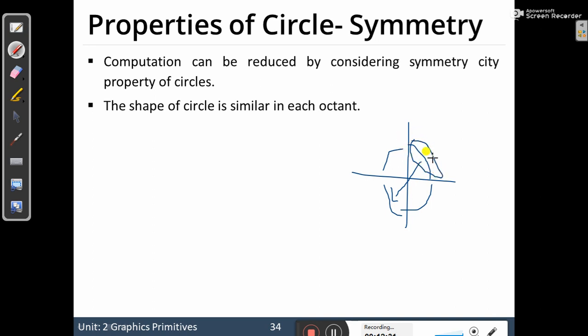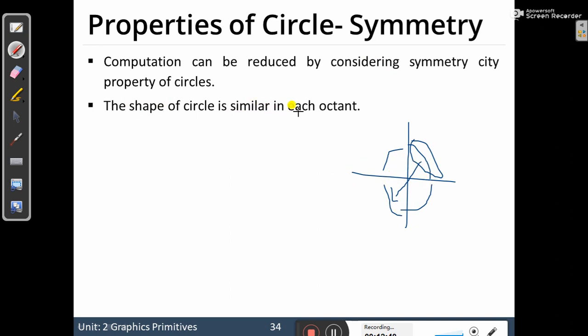So we just need to adjust the octant value, the plus and minus signs of x and y, but the incrementing value will obviously be the same, because the symmetry of this circle follows in that way.